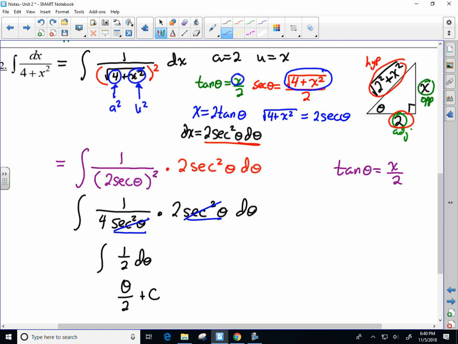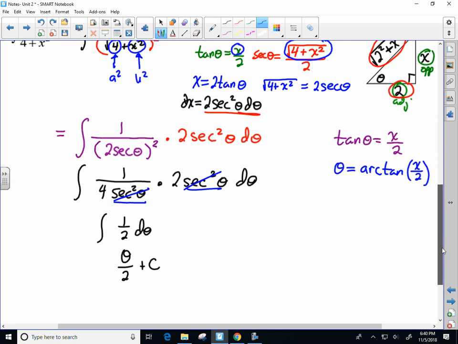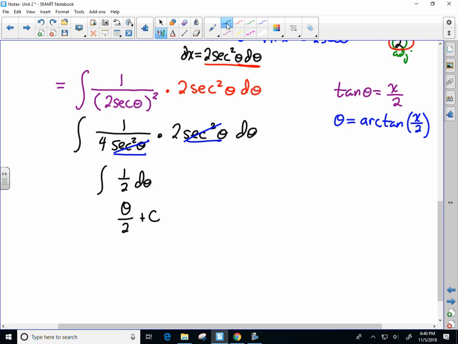So that would mean, or imply, that theta would be equal to the inverse tangent, or the arc tangent, of x over 2. So now I have a definition of my theta as arctan x over 2, all over 2, but I'm just going to chuck a 1/2 in front to account for this guy, plus c.